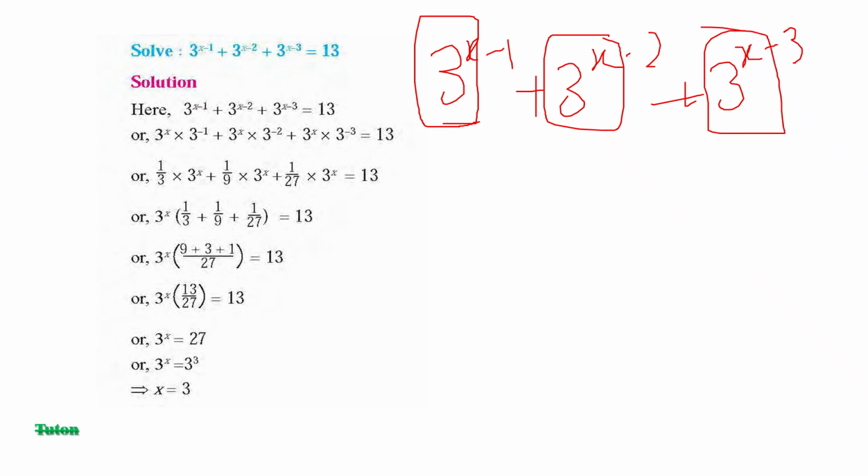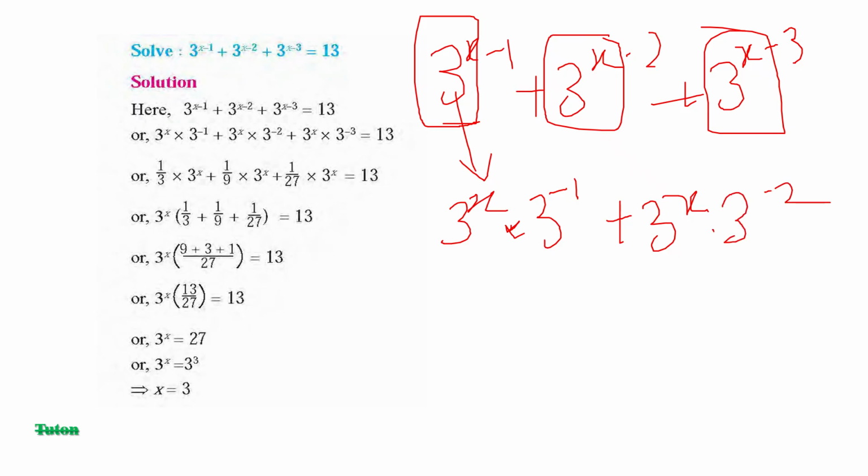We have to first separate these terms from the other terms so that we can take out the common factor. The first term can be divided as 3 to the power x multiplied by 3 to the power minus 1, the second term similarly as 3 to the power x multiplied by 3 to the power minus 2, and the third term as 3 to the power x multiplied by 3 to the power minus 3.